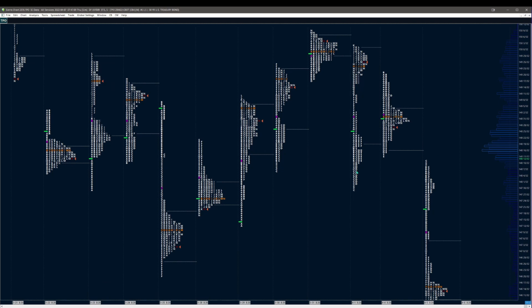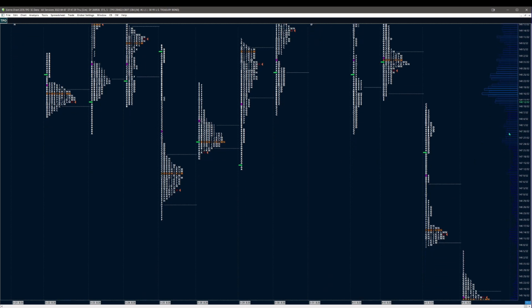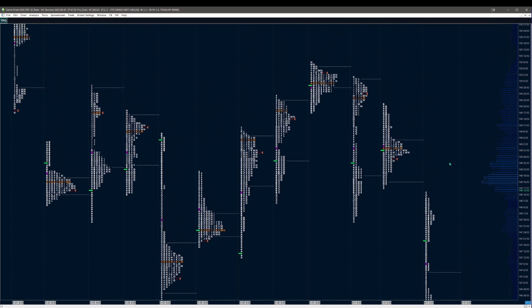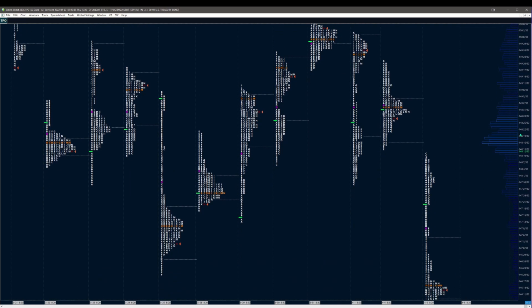So we want to use that information to gain an understanding of the story that's unfolding in front of us, which will help us clue into which side has, in the short term and sometimes the medium term, the strength to push the market in a certain direction.